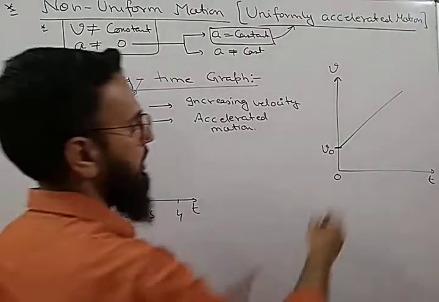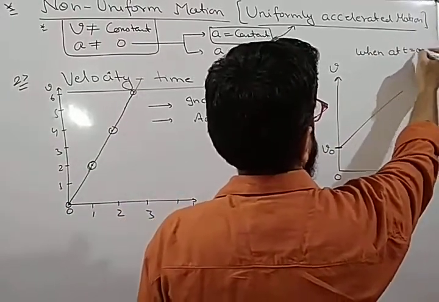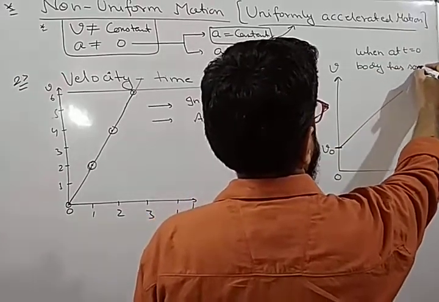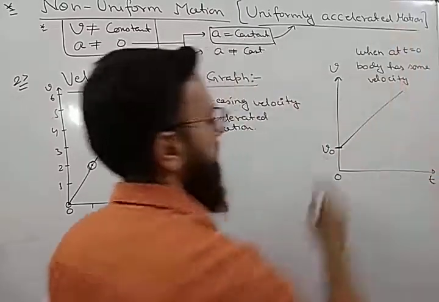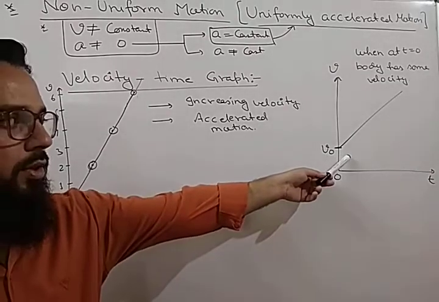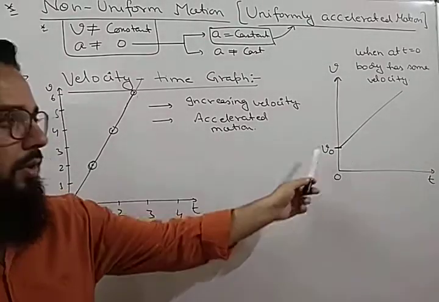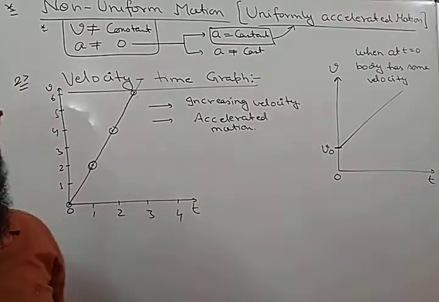So this is the graph when at t equal to 0, the body has some velocity. It is also a graph for increasing velocity, accelerated motion, and it starts from that particular point.